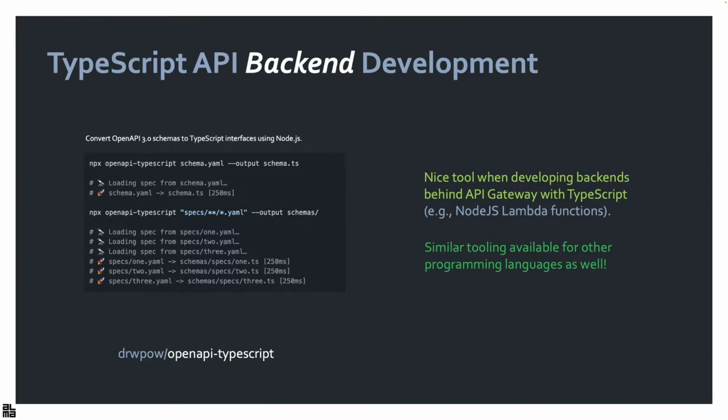So you don't have to redefine the Lambda function handler events. Instead, you can use these generated interfaces directly, so they match exactly to the data that API gateway is passing into your Lambda function event. There is other tooling for other programming languages as well that achieve similar functionality.